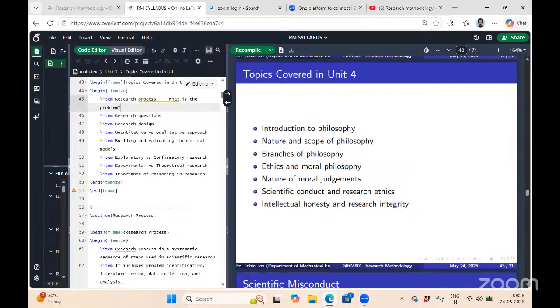Honest research improves trust in science. For example, using references and citations correctly in a thesis shows intellectual honesty.